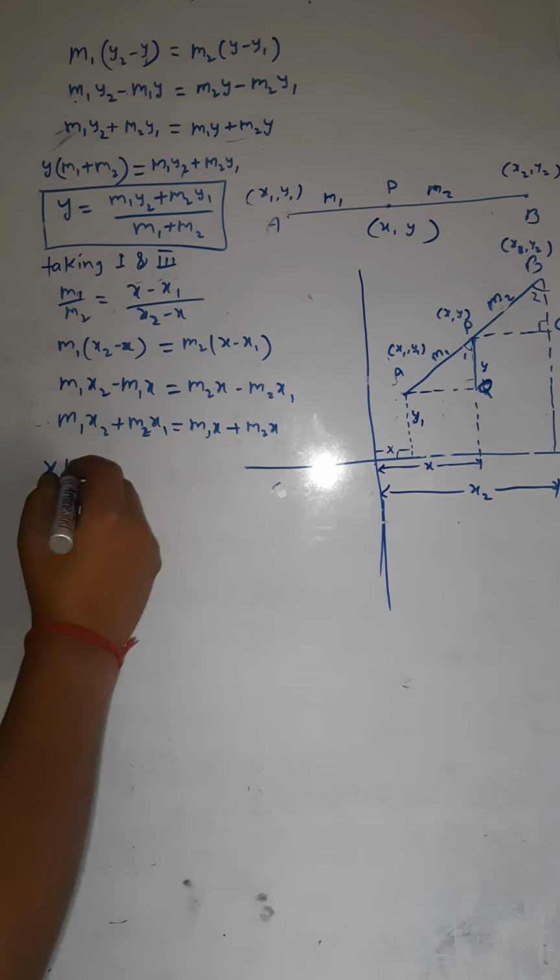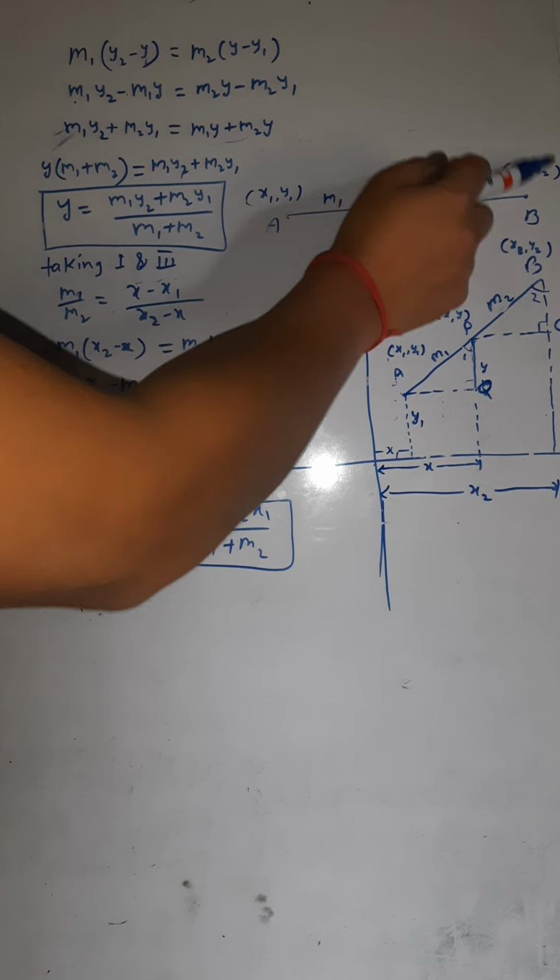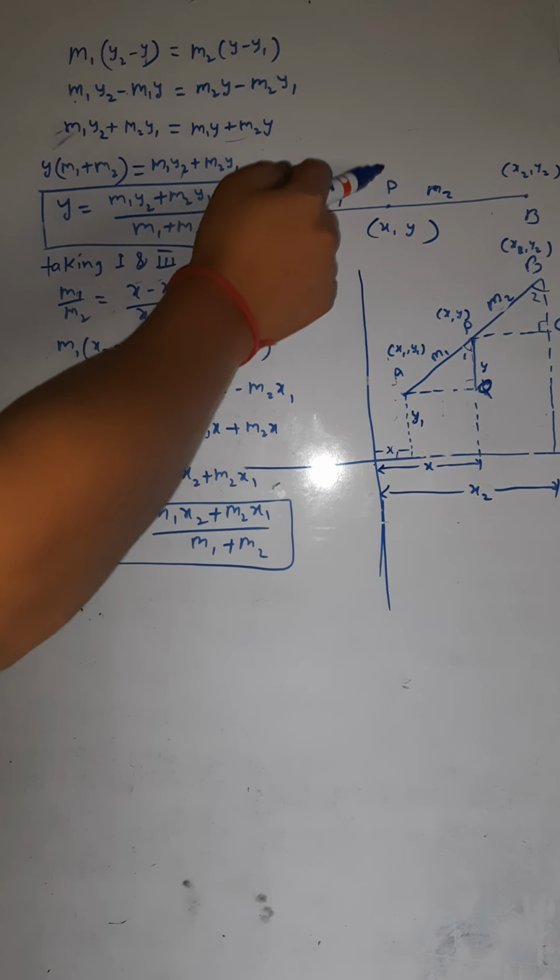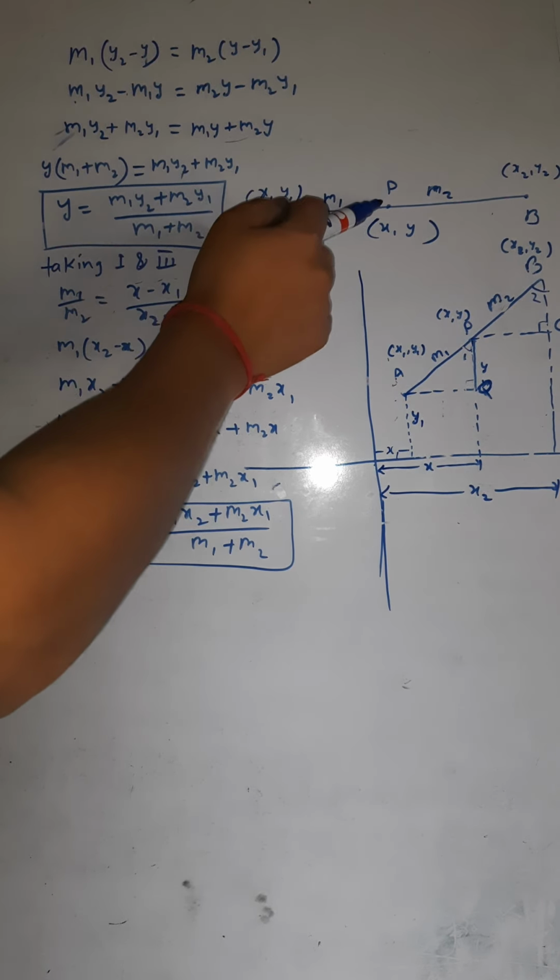With the help of this section formula we can find the value of x and y. If there is a line AB, and the coordinates of point A are x1 y1 and the coordinates of point B are x2 y2, and one more point is there, the point P, that is dividing the line AB in the ratio m1 to m2, then to find the coordinates of the point P we can use the section formula. x will be equal to m1 x2 plus m2 x1 divided by m1 plus m2, and y will be equal to m1 y2 plus m2 y1 divided by m1 plus m2.